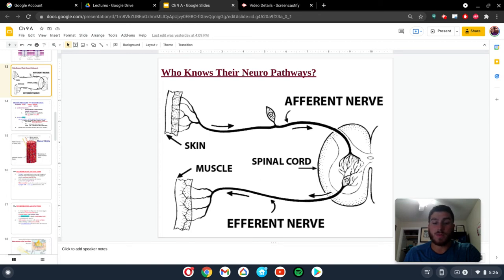In this case, it would be a muscle. So afferent is going towards the central nervous system. Efferent is going to the effector, the affected area. Efferent is exiting the central nervous system, E, to the effecting area, in this case, the muscle.